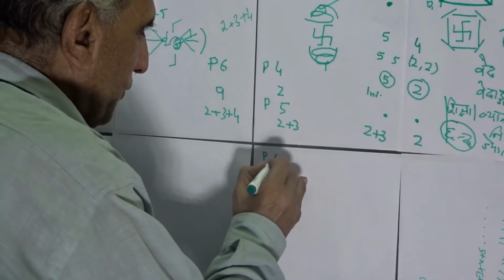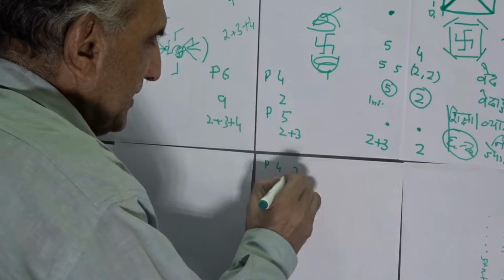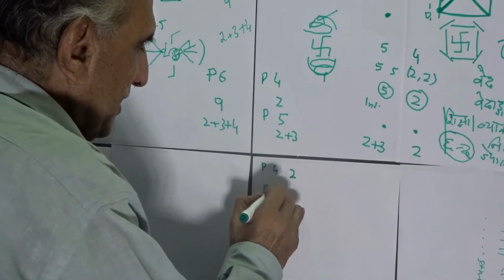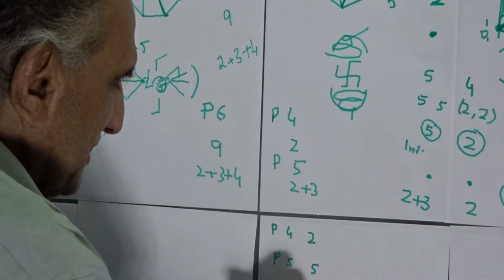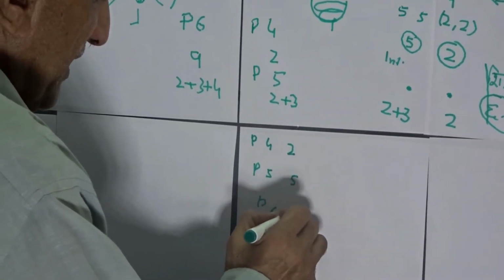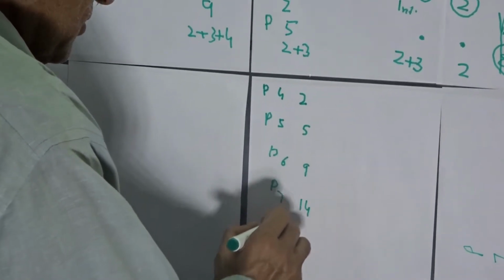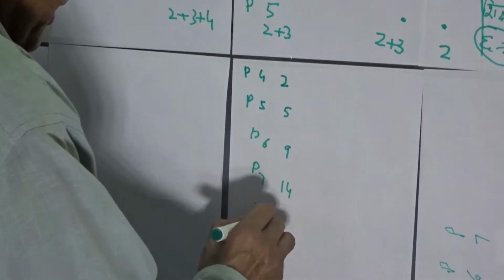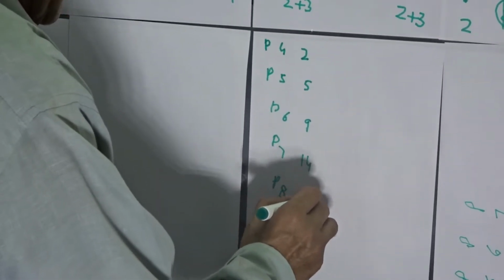So polygon 4 gives us a pair of internal diagonals. Polygon 5 gives us 5 diagonals. Polygon 6 gives us 9 diagonals. Polygon 7 gives us 14 diagonals. So stepwise, polygon 8 will give us 20 and so on.